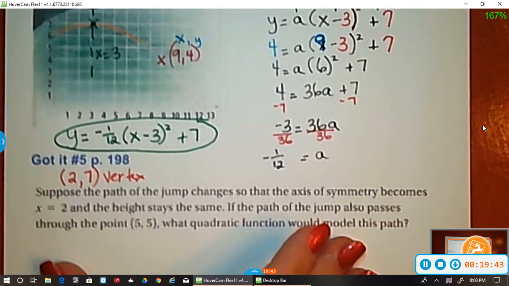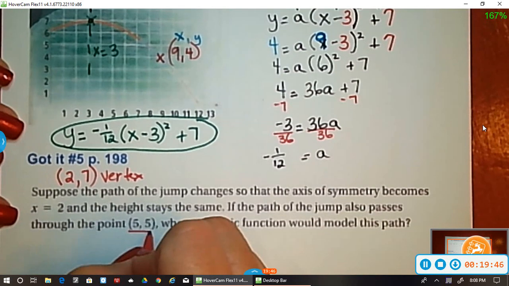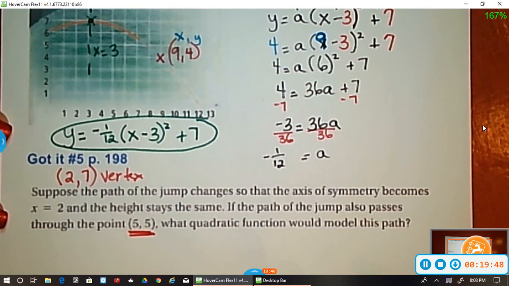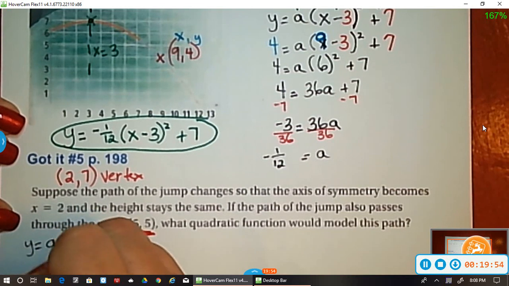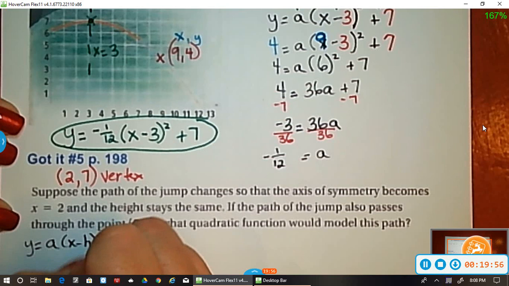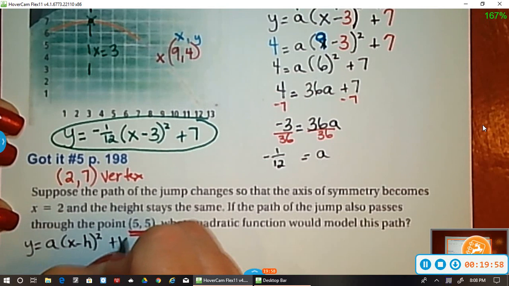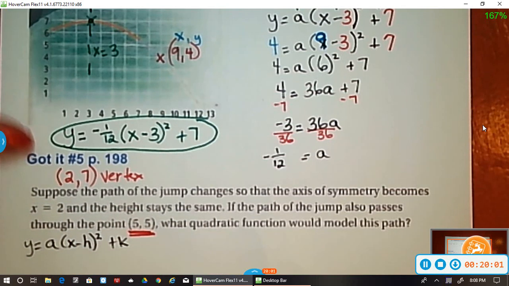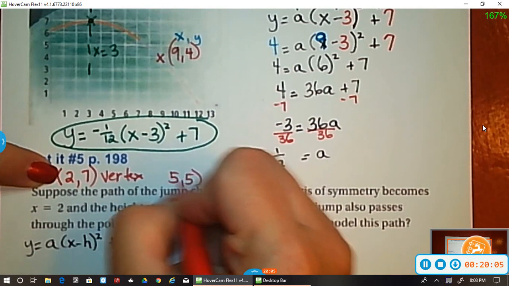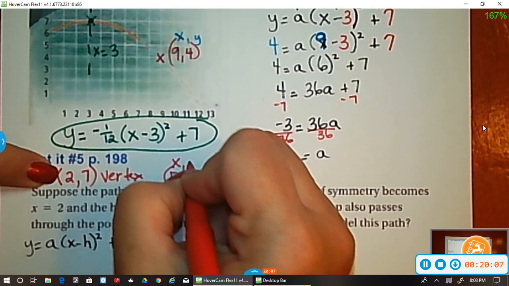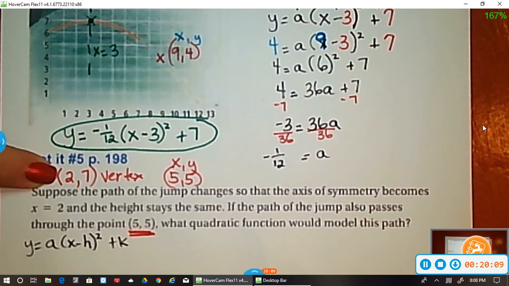But then it also goes through the point (5, 5). So I'm going to take my equation, y equals a times (x minus h) squared plus k. I'm going to plug in my vertex, and I'm also going to plug in the ordered pair (5, 5) for my x and my y.